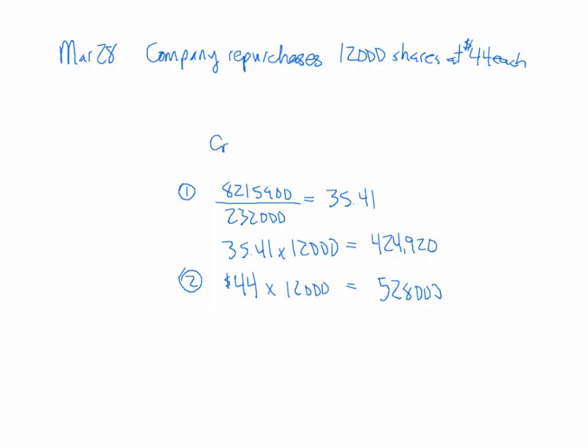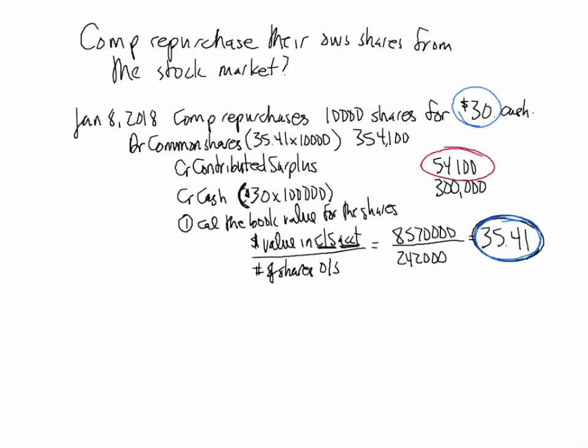So remember what we did last time. We had a credit to the cash for the amount we paid, 528,000. We had a debit to the common shares for the historical cost, which is 424,920. But now notice that the cash we paid is more.